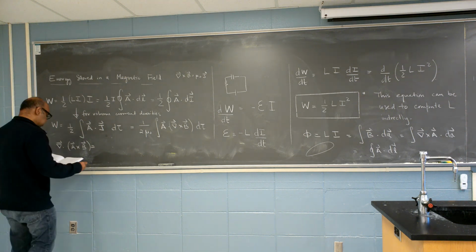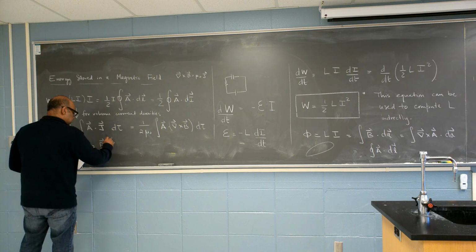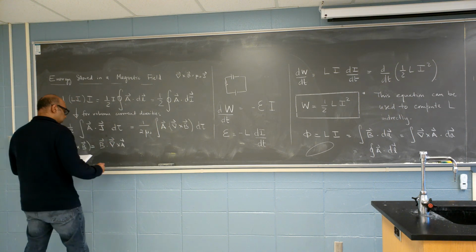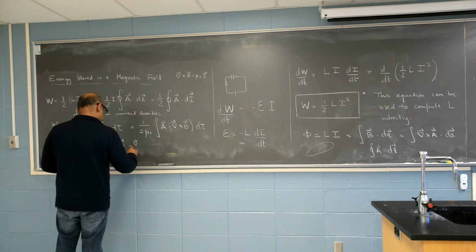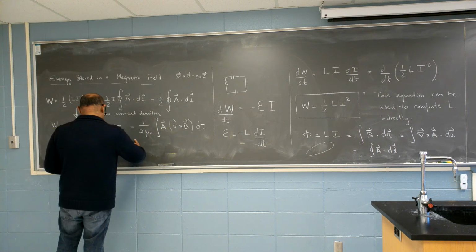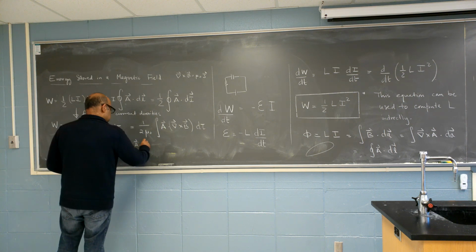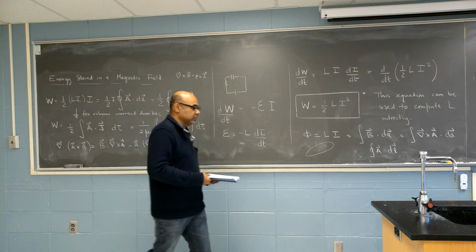But it turns out it is nothing but B dot del cross A minus A dot del cross B. That is just a vector identity.